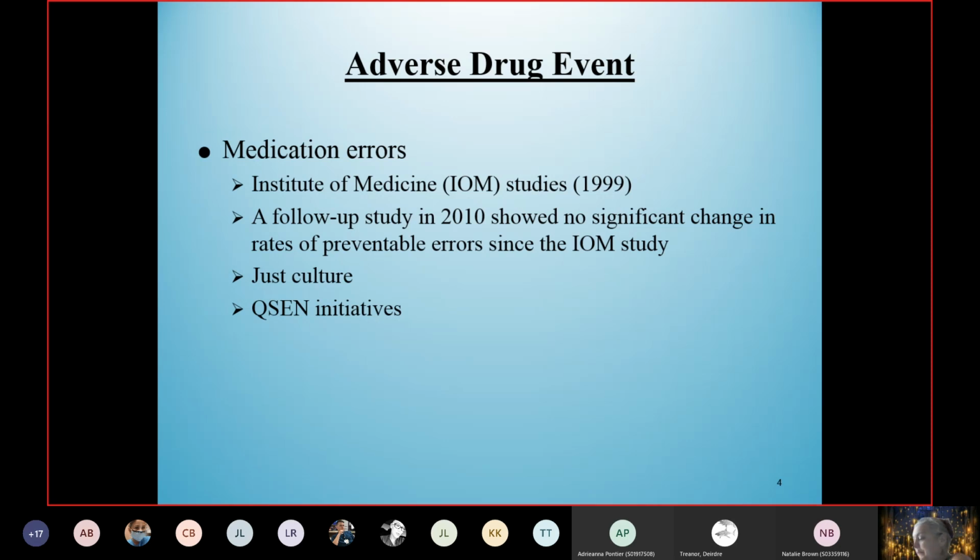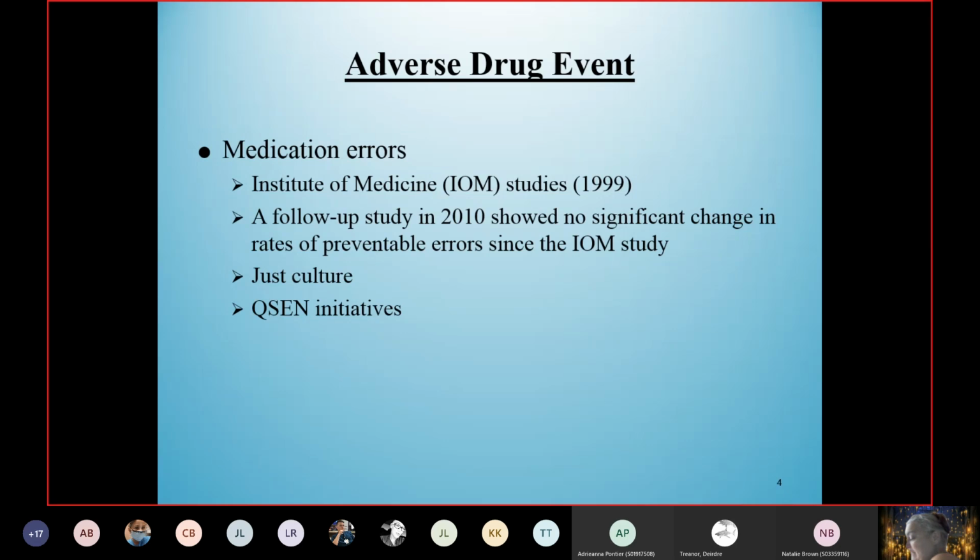The number of patient deaths from medical errors ranged from 44,000 all the way up to 98,000 annually, and preventable errors were responsible for about 7,000 deaths per year. In 2006, medical errors harmed at least 1.5 million people and cost over $4 billion, with a B. They did a follow-up study in 2010, and it didn't show any changes.